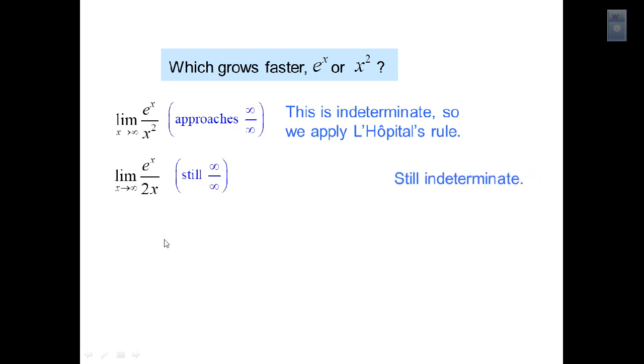But as we continue and apply L'Hopital's rule again, we're going to find we get e to the x over 2, which of course is going to go to infinity. Therefore, we've just proven that e to the x grows faster than x squared.